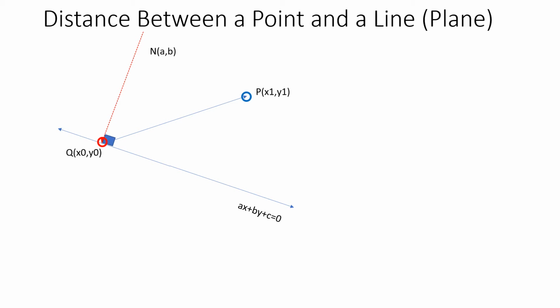In order to find the distance between the point P and the line ax + by + c = 0, we are going to find the same length on the normal line, the red line here, that passes through specifically the point (a, b). The (a, b) idea is coming from the equation coefficients of ax + by + c = 0.